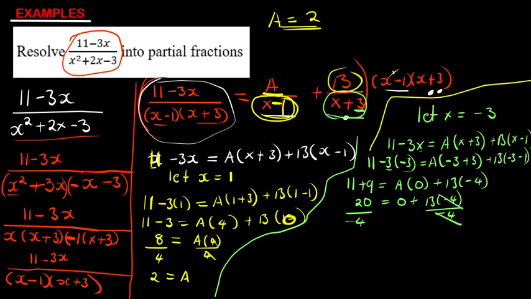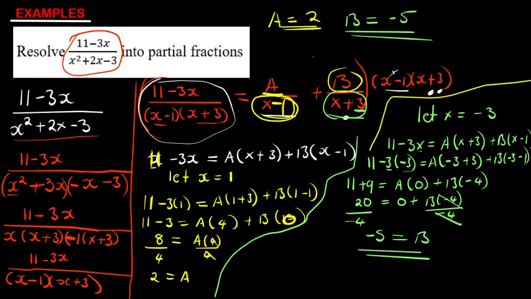So this part and that part will give b. When you divide, the answer is negative 5. So b is negative 5. After writing b equal to negative 5, I have found the answer.